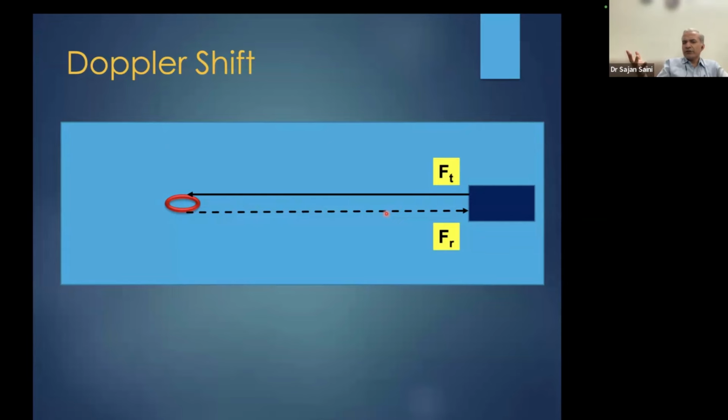It is intuitive to understand that no, because there was some energy associated with the movement of this object. Now the frequency which has hit this object has gained some more frequency, and the frequency which has returned is likely to be higher than the transmitted frequency.